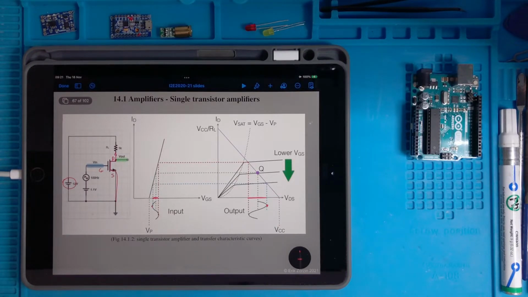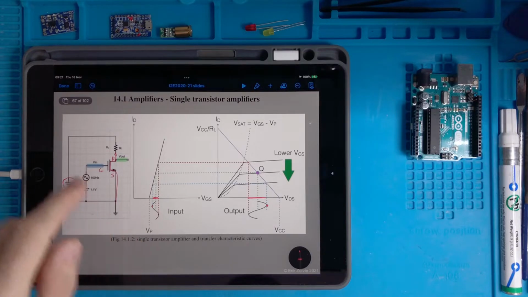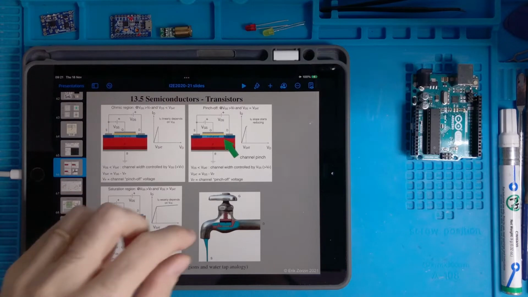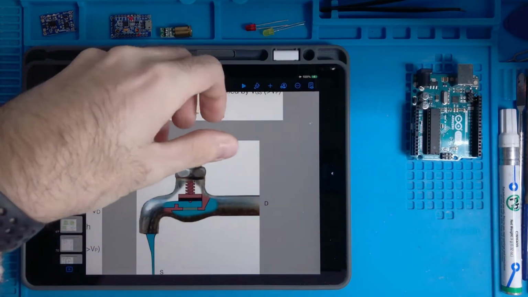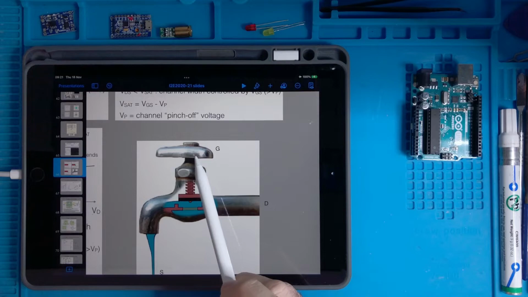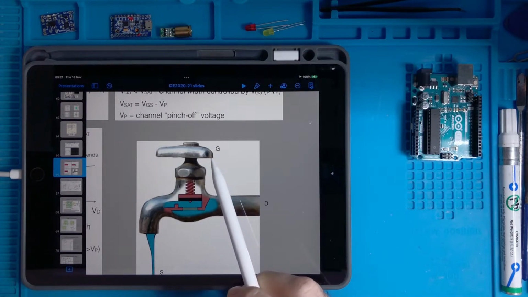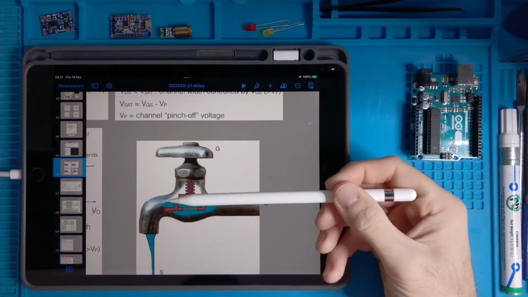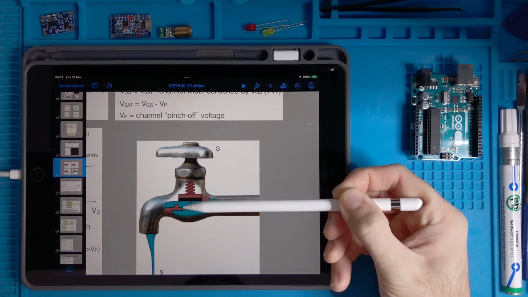It's like in the water tap analogy, if you move the screw of the tap, you require a little energy coming from your hand. So let's say in the terminology of the transistor, a little bit of voltage and current also, but very little, in order to control the position of this barrier here.